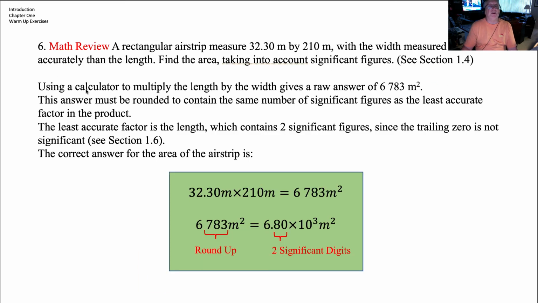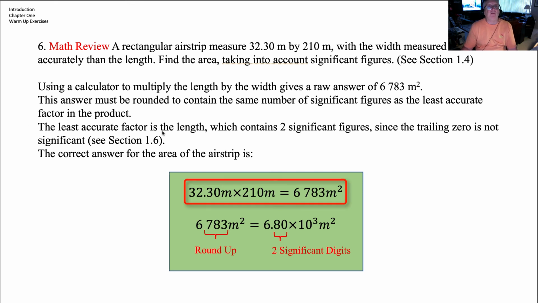So, using a calculator, multiply the length by the width, which gives us a raw answer of 6,783 square meters. This answer must be rounded to contain the same number of significant figures as the least accurate factor in the product. So you can't make it more accurate than the most inaccurate portion.